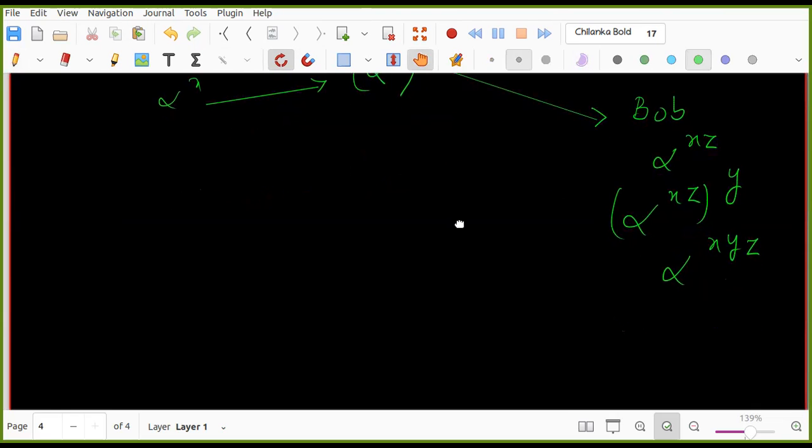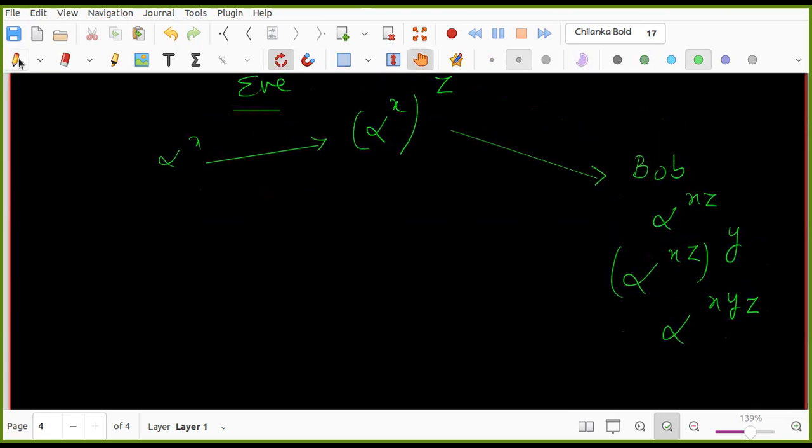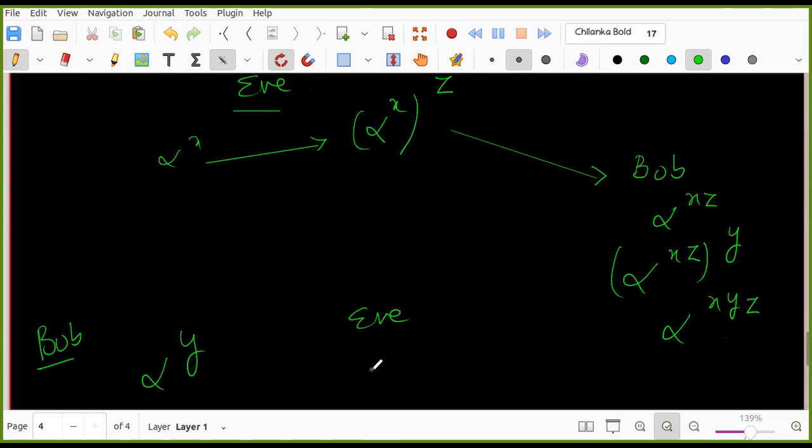Again, Eve does the same with alpha power y that Bob is sending. What does Eve do now? Can you guess? She will send alpha power y power z to Alice, right?